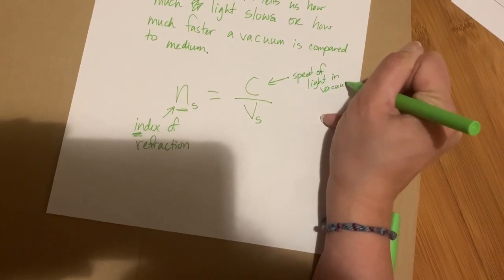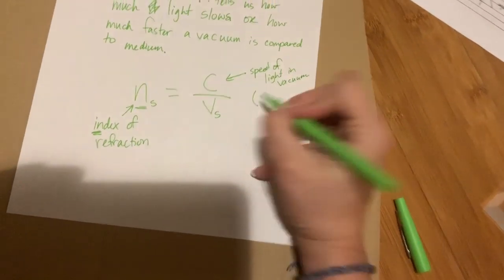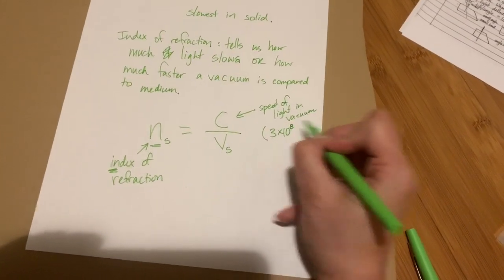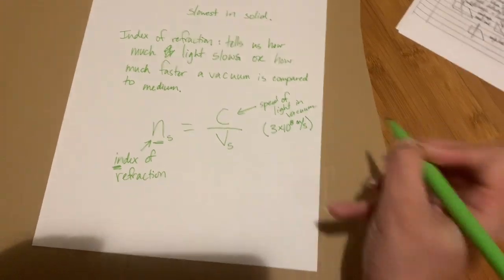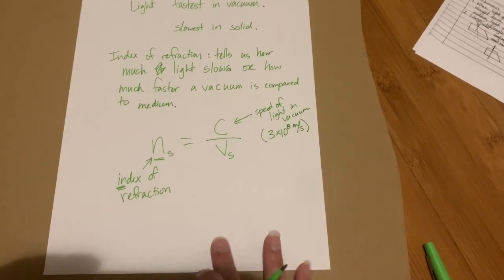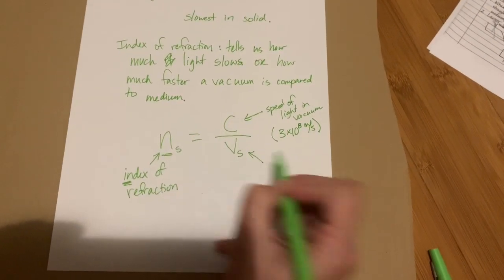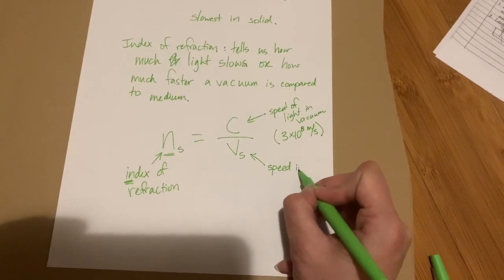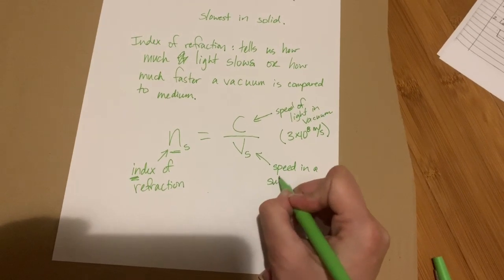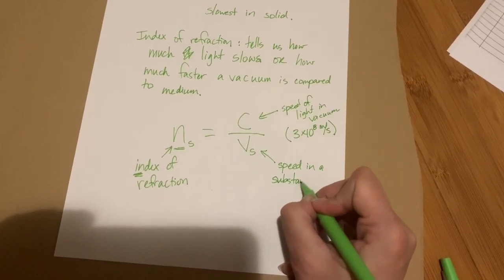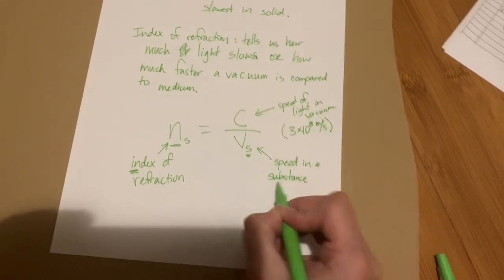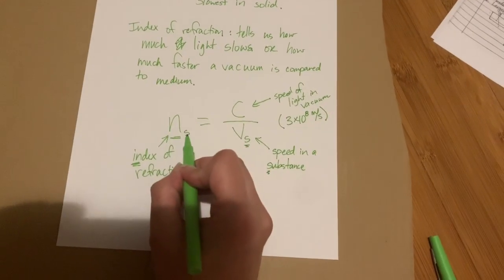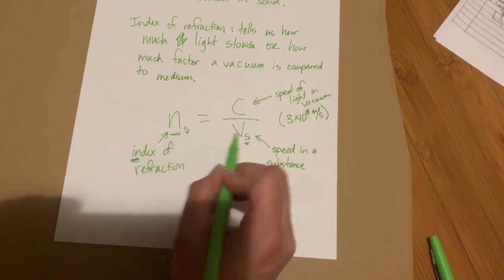This is where it's the fastest, right? And we always know that number. That number is always 3 times 10 to the 8 meters per second. Vs is going to be the speed in a substance. So the S stands for the substance.